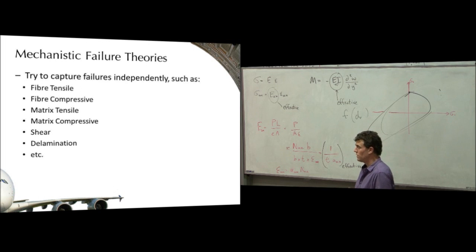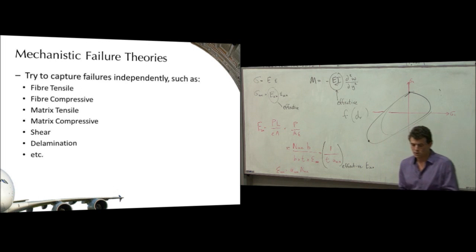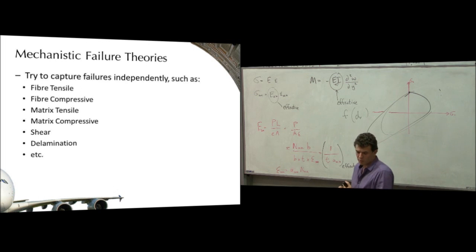We are actively engaged with Boeing, and have been for a number of years now, to try and improve failure prediction with this technique called strain invariant failure theory, which they now call Boeing onset theory. If you look up Boeing onset theory or strain invariant failure theory, you'll see my name pop up a couple of times. There's not too many papers out there at the moment, but we've been working for a few years.